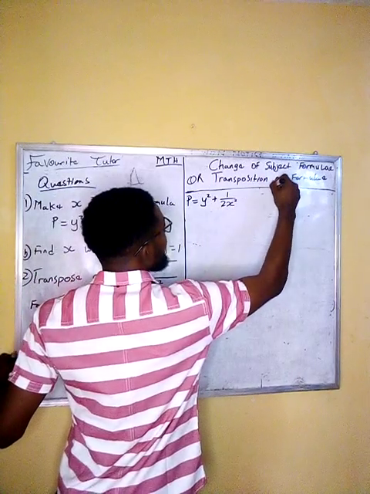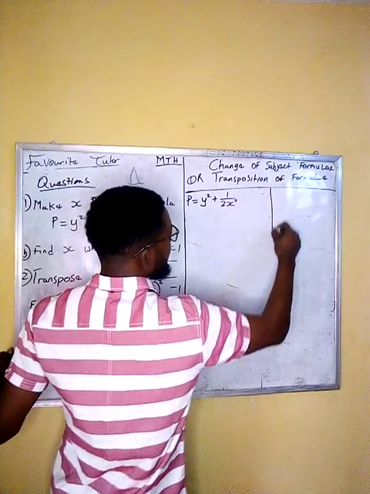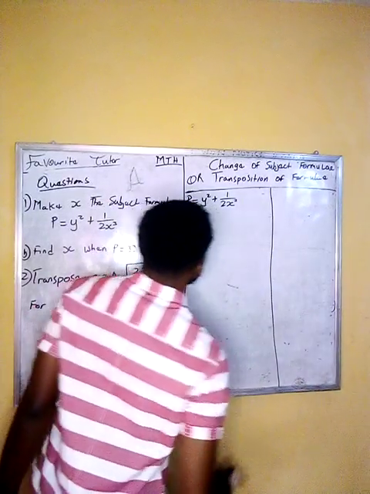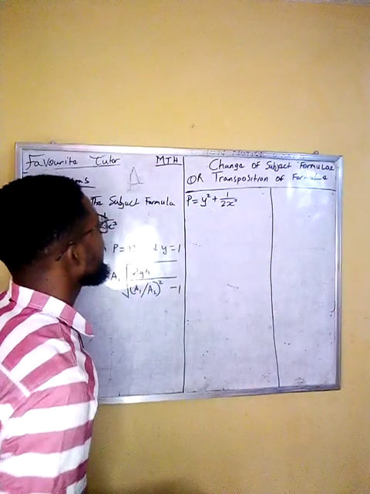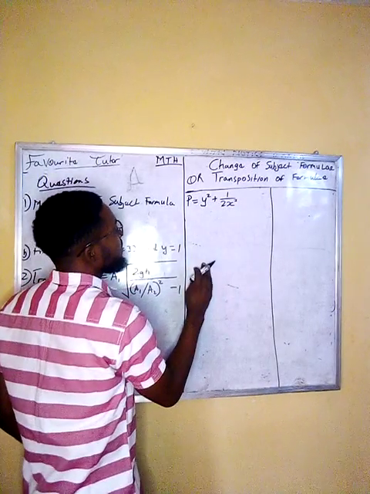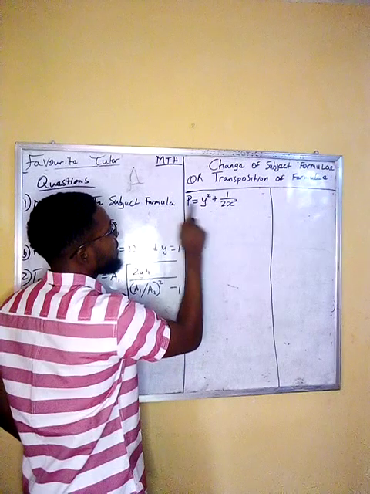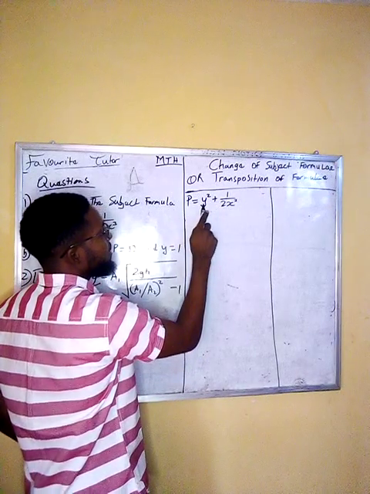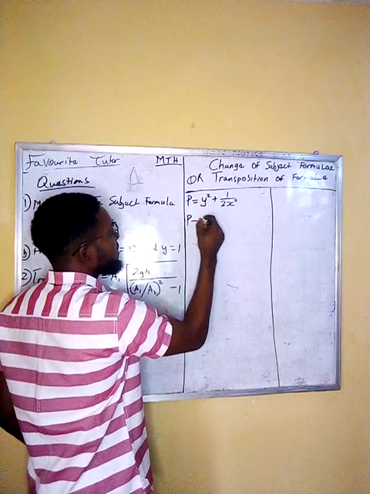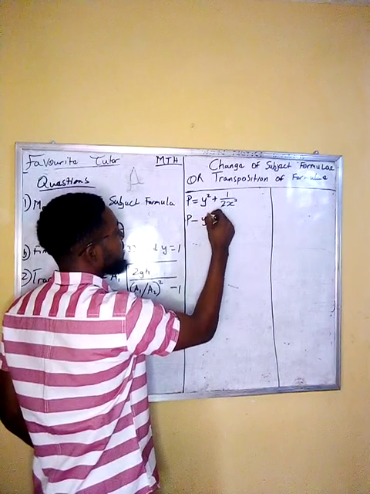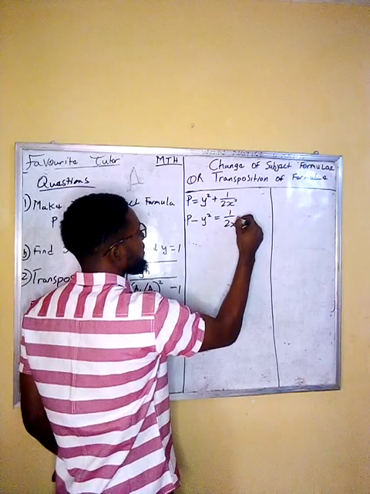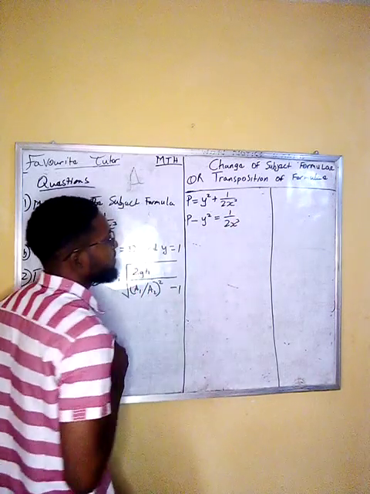Let me divide this board into 2. So this is the equation. We are going to make x the subject formula. First of all, we take this y squared to the other side of the equation. Right here it is positive; when it crosses over it changes to negative. So P minus y to the power of 2 equals 1 all over 2x to the power of 3.